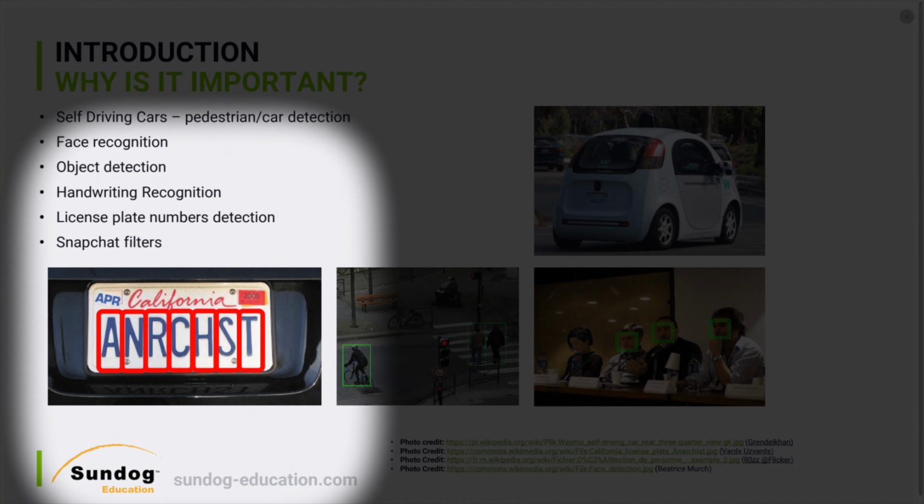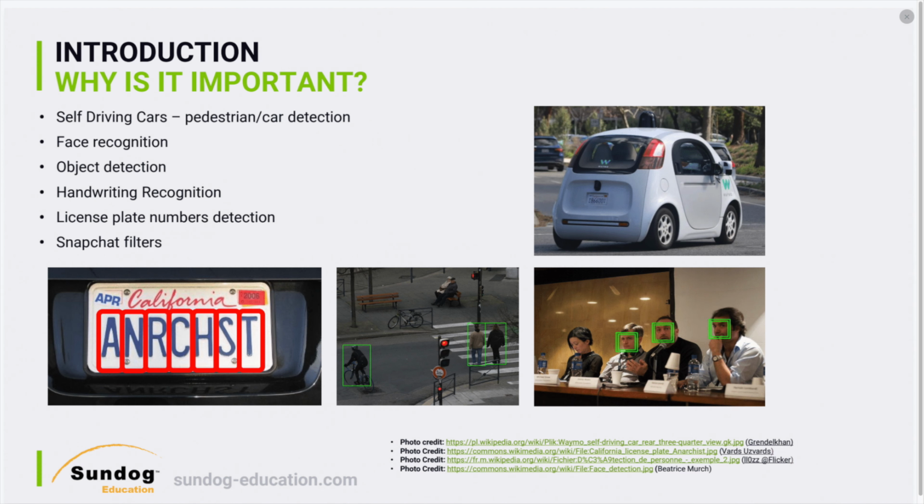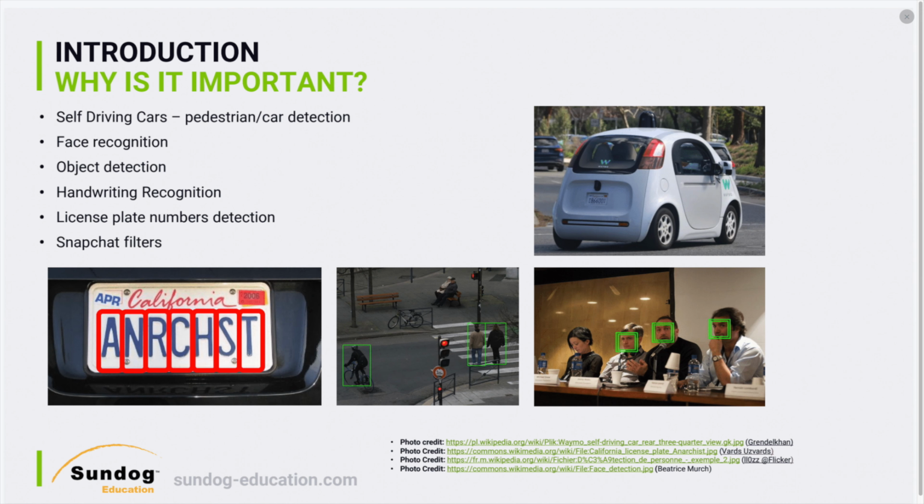We can use it for handwriting recognition. We can use it for license plate number detection. And it's actually one of the very famous algorithms to take an image of a license plate and read the numbers automatically. It simply divides the plate into different numbers or different characters, and uses a machine learning algorithm that can tell us, okay, this is the letter A, this is the letter N, this is R, and so on. And obviously Snapchat filters. So again, computer vision is everywhere around us.